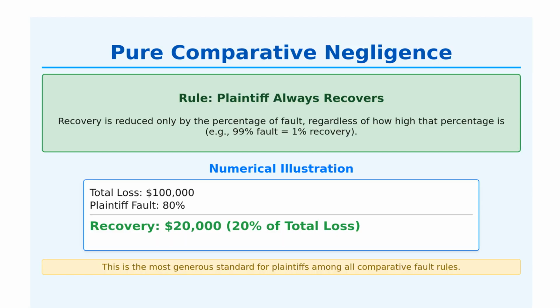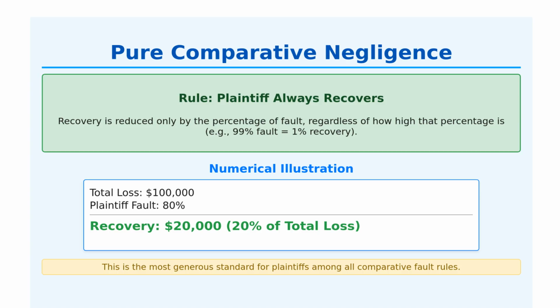We now examine the two main flavors of comparative negligence, starting with the most plaintiff-friendly approach: pure comparative negligence. Under the pure system, the plaintiff can recover damages even if they are overwhelmingly at fault. There is absolutely no threshold that bars recovery based on the plaintiff's degree of fault.